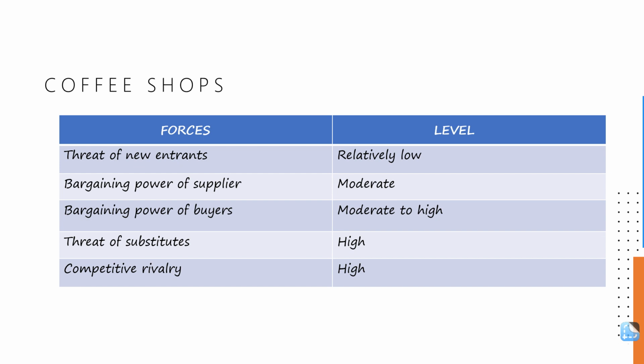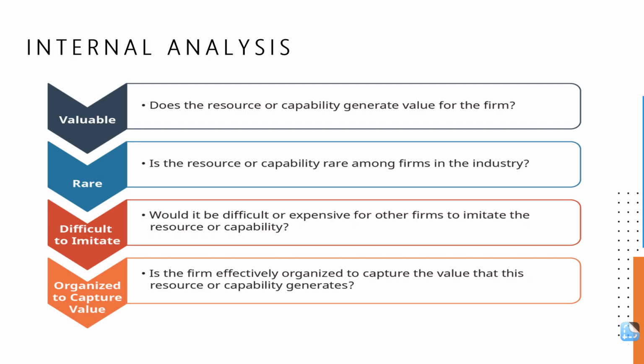And in India, every street has at least one coffee bar, right? So competitive rivalry is high in the coffee shop industry. So this is how Porter's Five Forces tool helps to understand the competitive landscape of the industry.